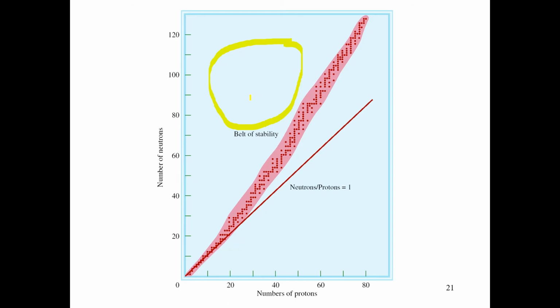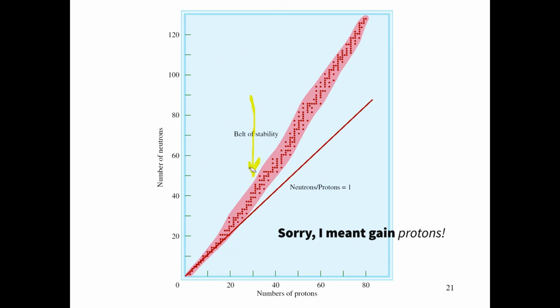In order for that isotope to stabilize, it needs to lose neutrons and gain protons, correct? So you need a process that will convert neutrons to protons. Which one is that?